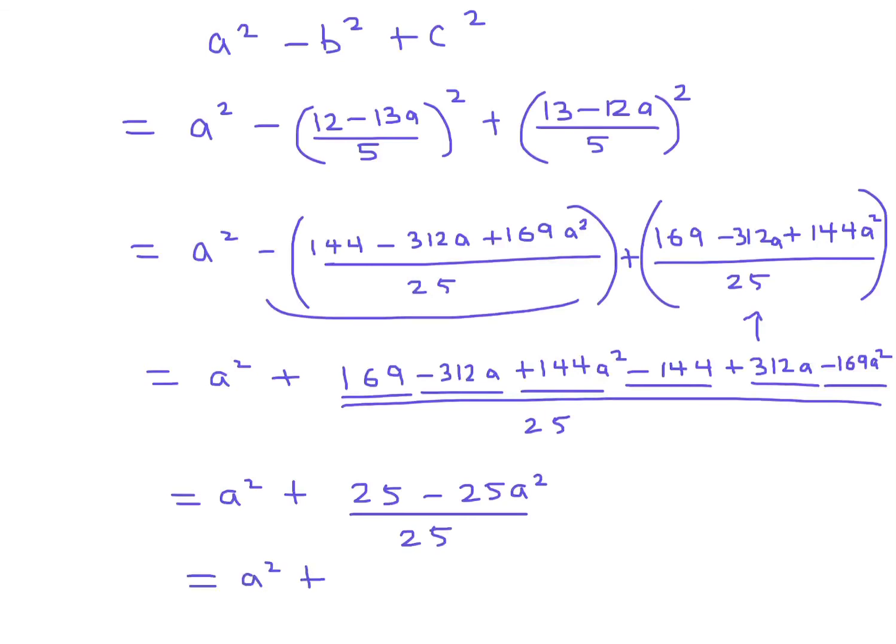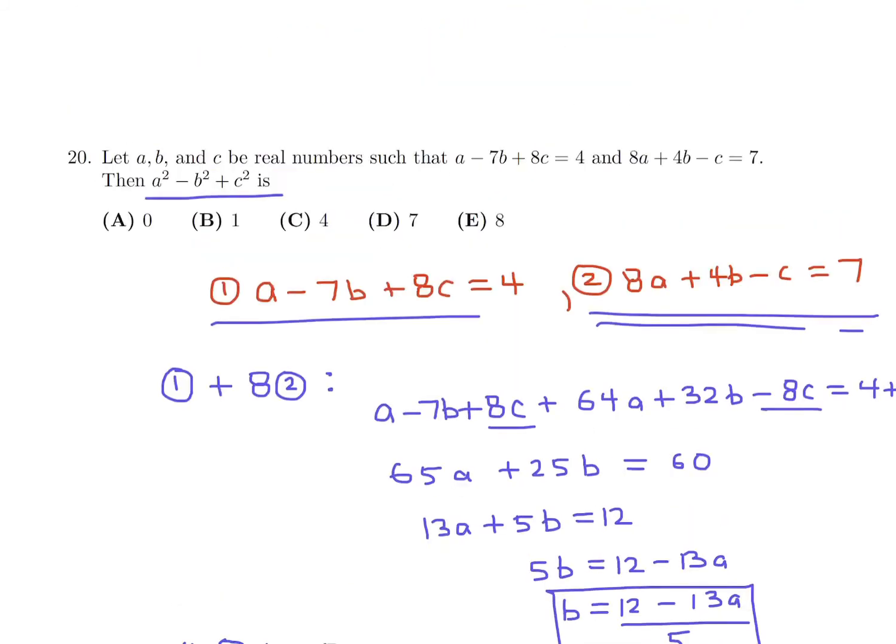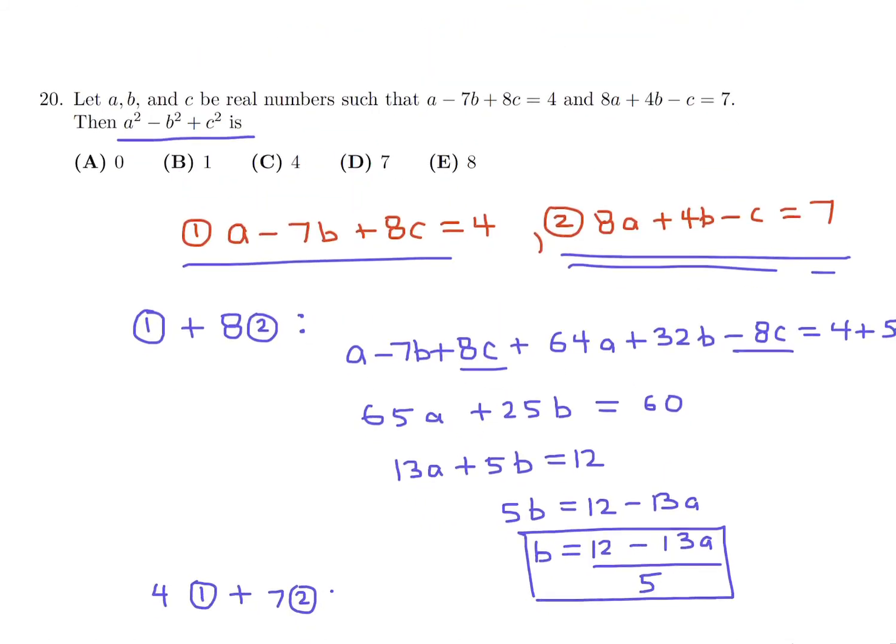So plus 25 over 25 is 1. And then minus 25a squared over 25 is minus a squared. And a squared minus a squared is 0, so this just leaves 1. Great. So the a's did indeed disappear. So this whole expression is equal to 1, and therefore the answer is B.